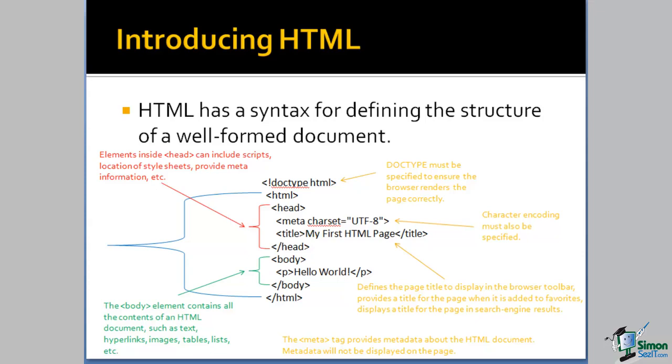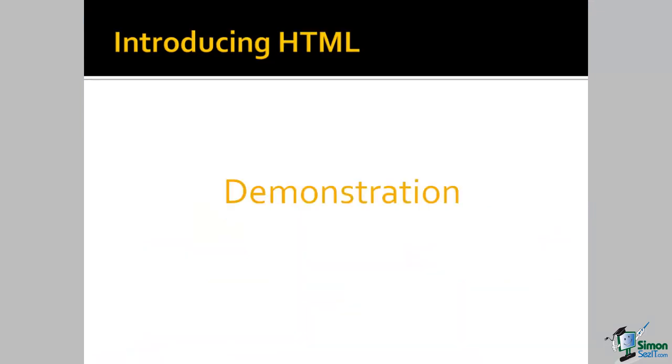We have a head section that provides additional information for the browser or search engines to use to identify our page. And then we have the body section, which is the HTML which will render the page to the user. So anything that we want the user to see will go in the body tag. So let's go look at some code.